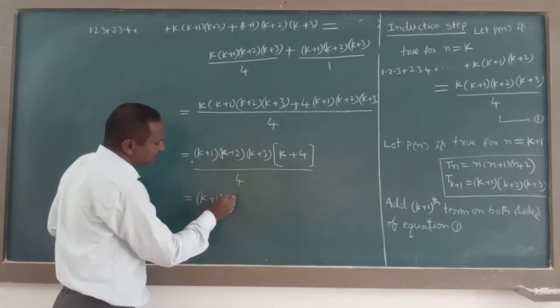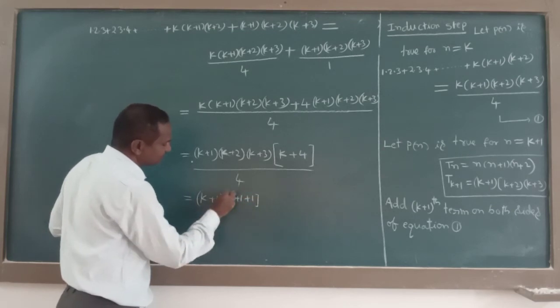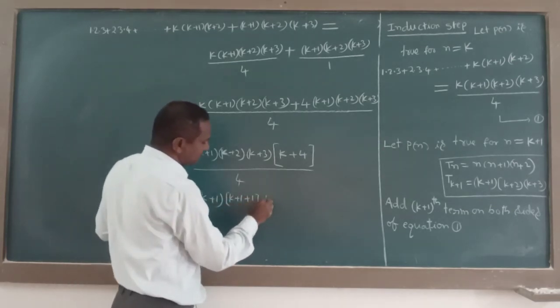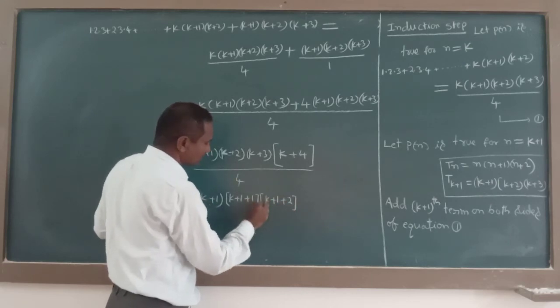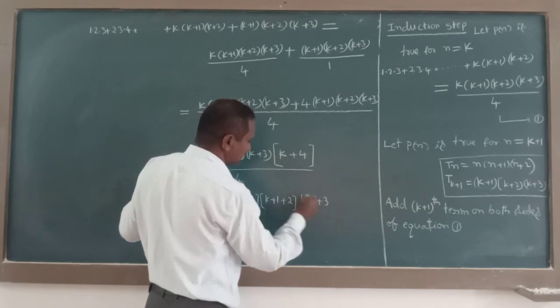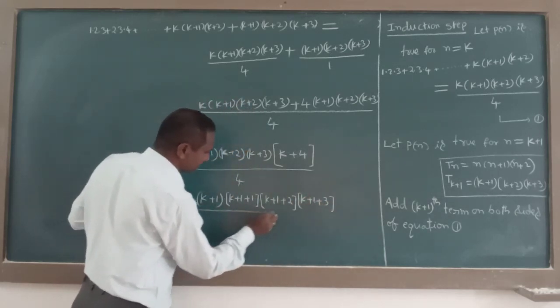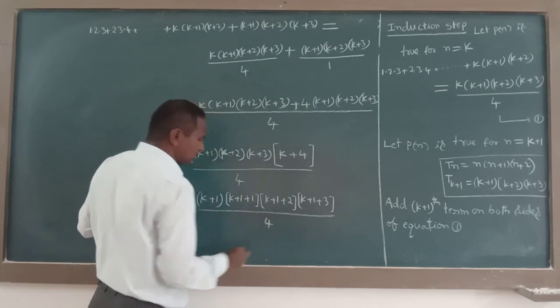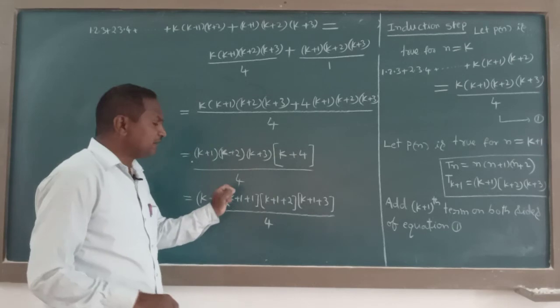Now k plus 2 can be written as k plus 1 plus 1. k plus 3 can be written as k plus 1 plus 2. k plus 4 can be written as k plus 1 plus 3. All divided by 4 here. At the same time, put a small bar on k plus 1.